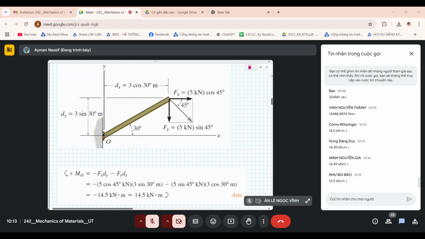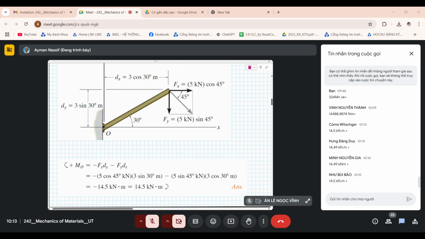So here in this solution, the textbook decided to use the counterclockwise direction as positive, and there is a reason for that, but it does not matter for us as long as we arrive at the same conclusion that the resultant moment is acting in the clockwise direction around point O. So that is really a straightforward kind of idea.